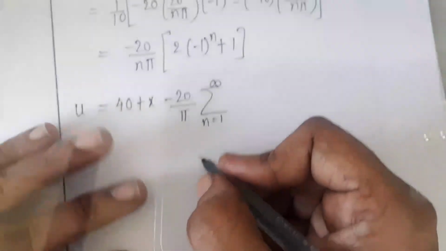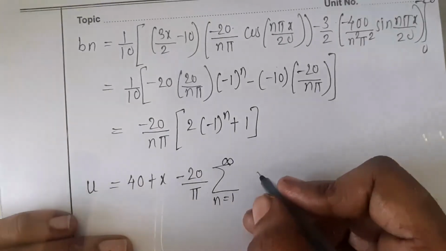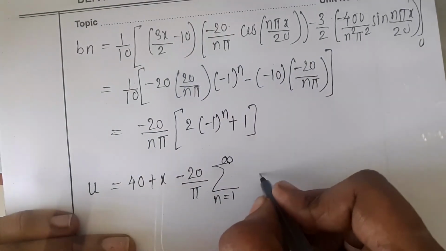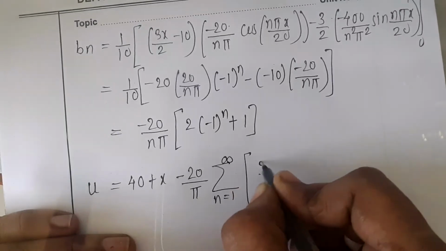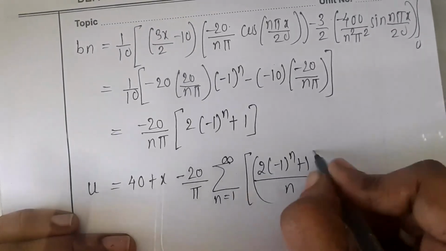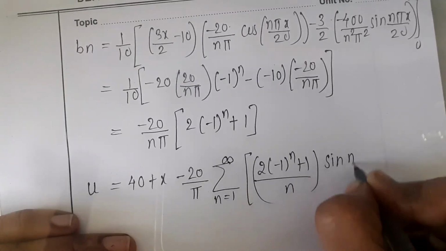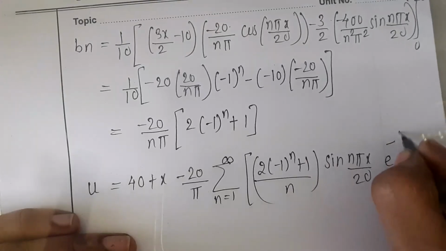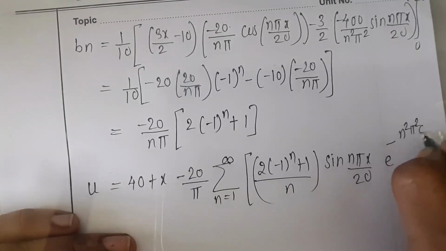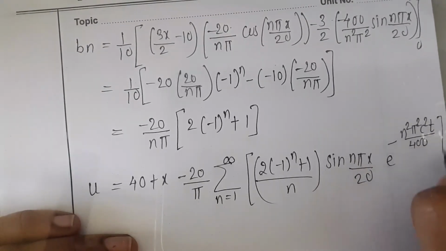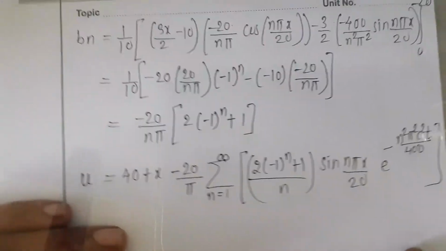Inside the summation, n is equal to 1 to infinity, 2 times minus 1 to the power n plus 1 divided by n multiplied by sine of n pi x by 20 multiplied by e to the power minus n square pi square c square t divided by 400. So this is the final solution for the given heat flow problem.